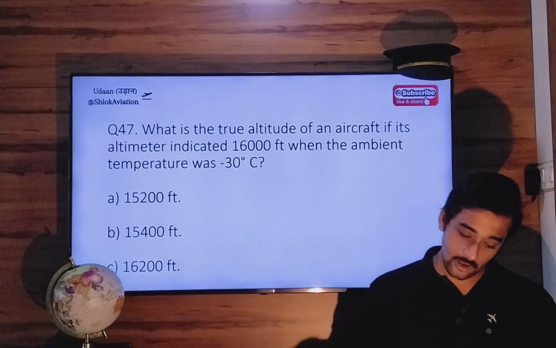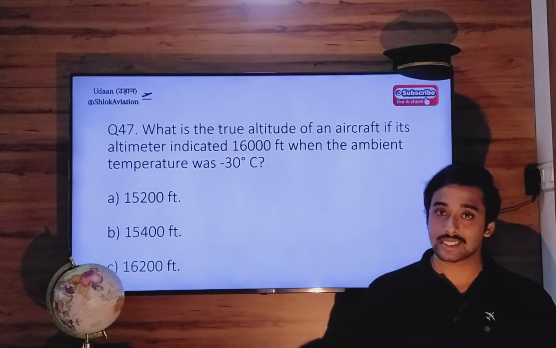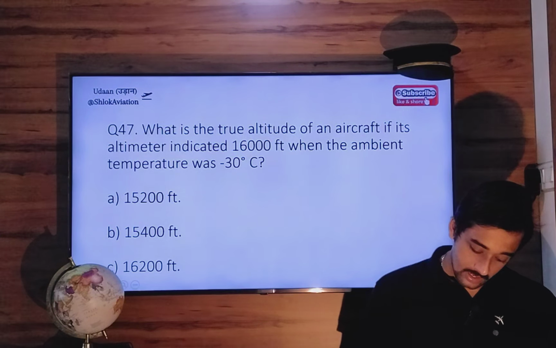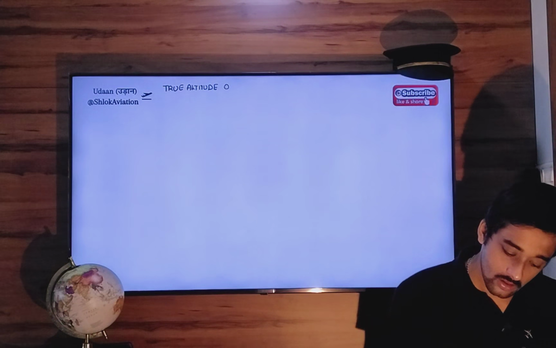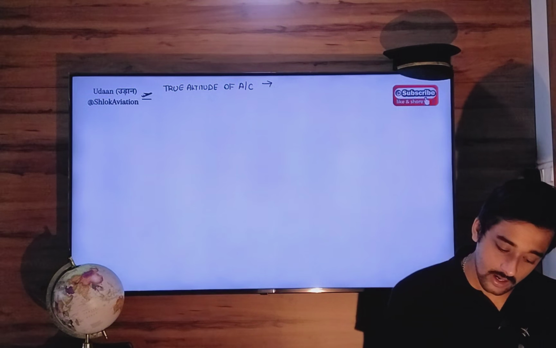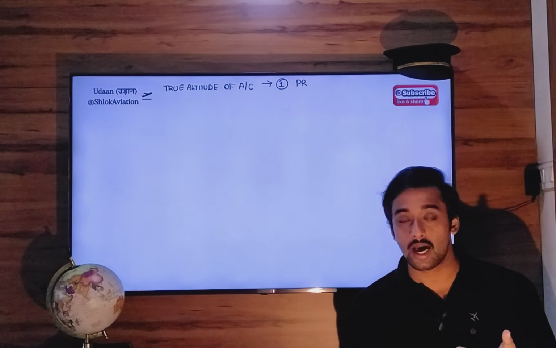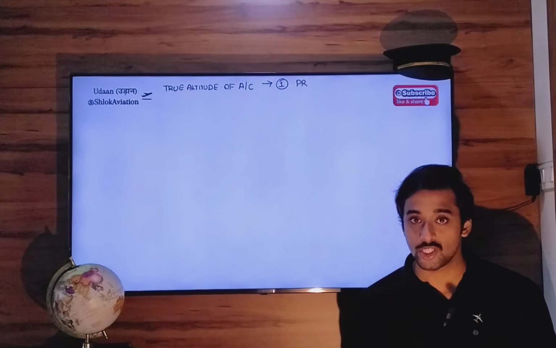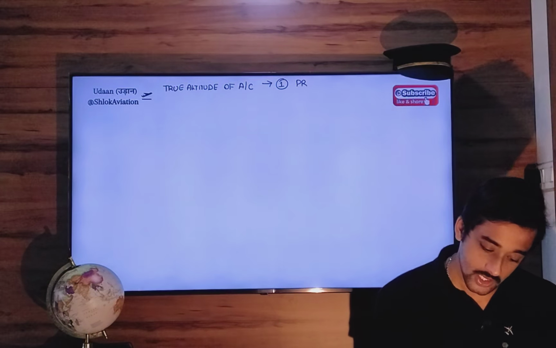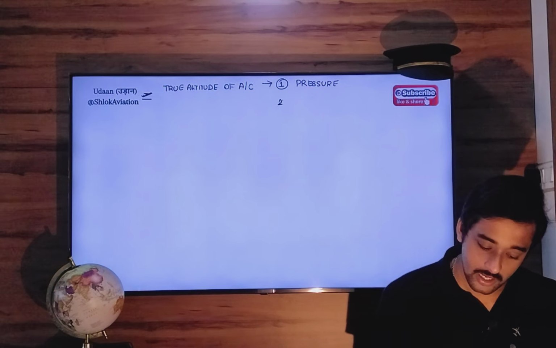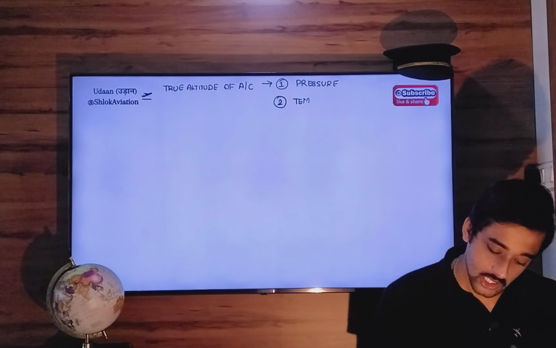Okay, question 47. What is the true altitude of your aircraft if indicated altitude is 16,000 feet and temperature is minus 30 degrees Celsius? The true altitude of your aircraft depends first on atmospheric pressure. If atmospheric pressure is higher than ISA or lower than ISA, again your altimeter will be subject to barometric errors, pressure errors. So true altitude depends on atmospheric pressure and temperature.